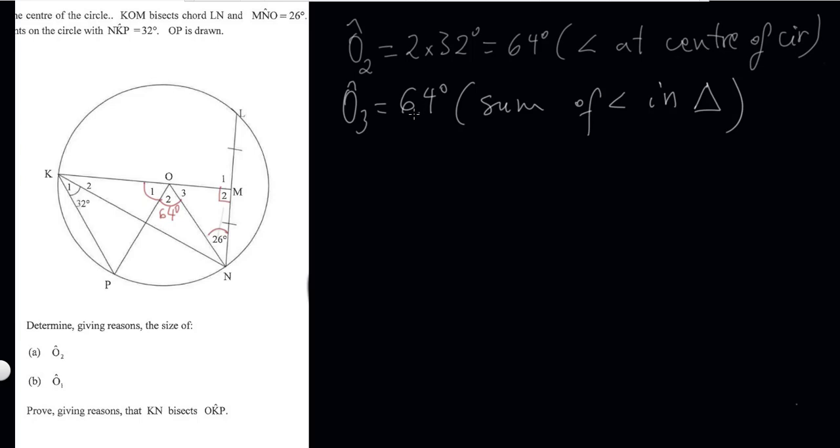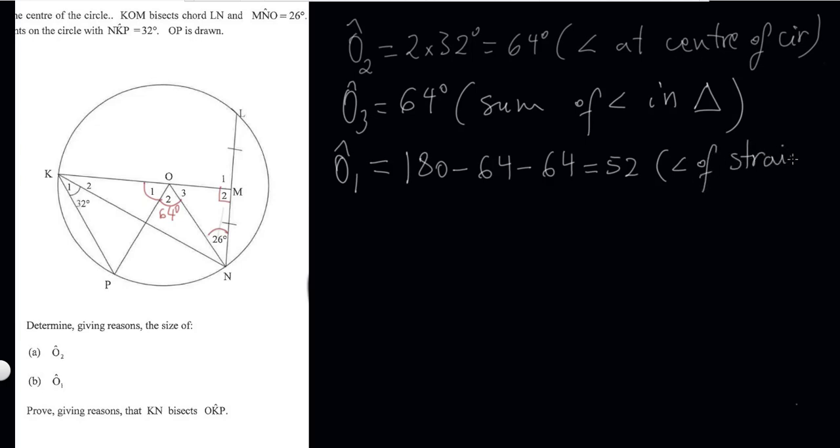So O3 is 64. Meaning that O1 will be 180 minus 64 minus 64, which will give us 52. The reason here we say is angle on a straight line.